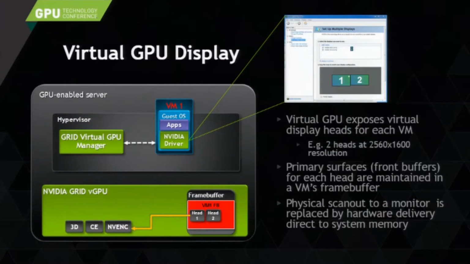Each grid vGPU incorporates dedicated hardware NVENC and copy engines to support this path. We provide access to this high-performance remote graphics by means of a software toolkit that we call the Grid Remote Graphics SDK.